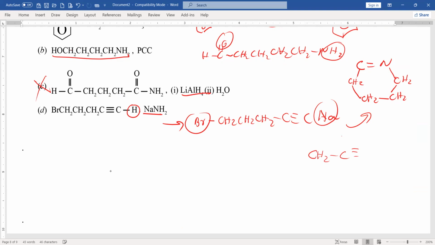But we have this sodium. Sodium will go with this Br. We can see CH2. Now we have 1, 2, 3, 4, 5 carbon. 1, 2, 3, 4, I have already. Another CH2 will give this kind of a product. This is also possible.